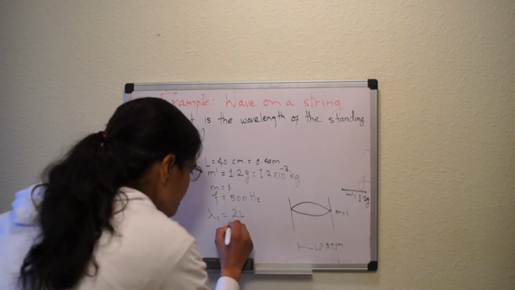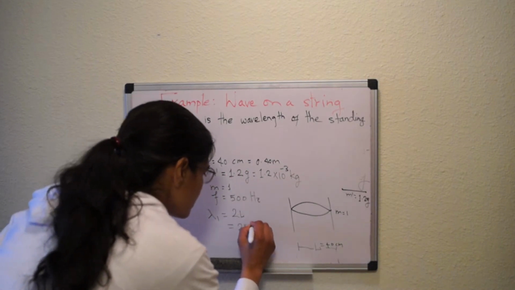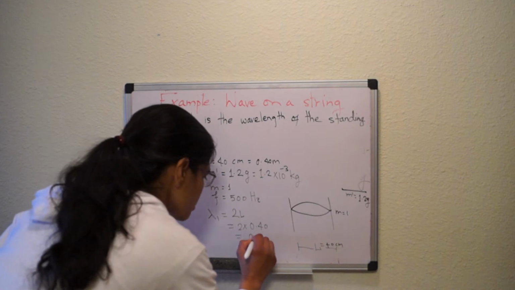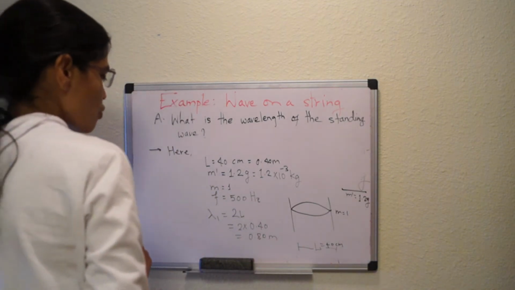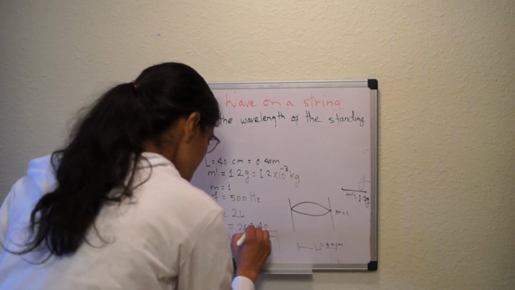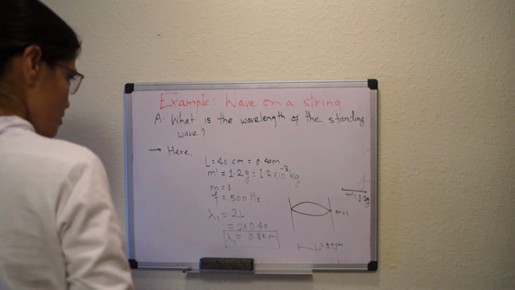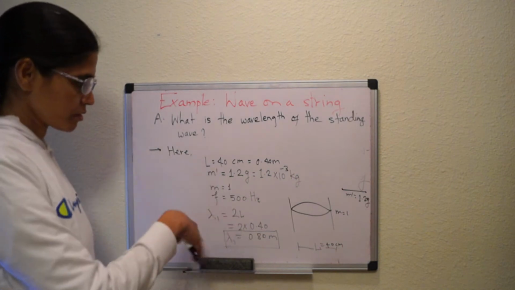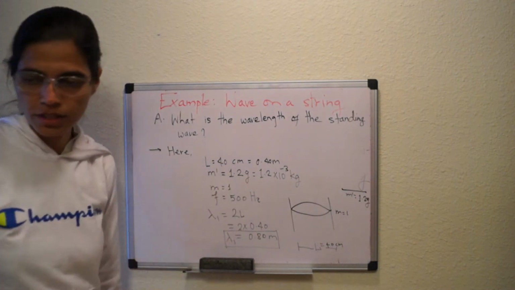Which is 2 times the length, 0.40, right? That should give us 0.80 meter. That is our wavelength, lambda 1. So please make a note of this.